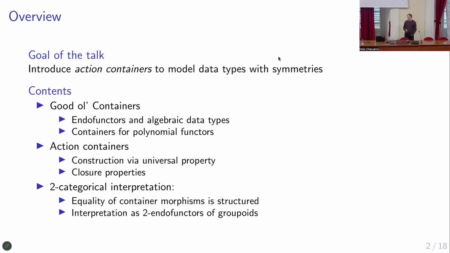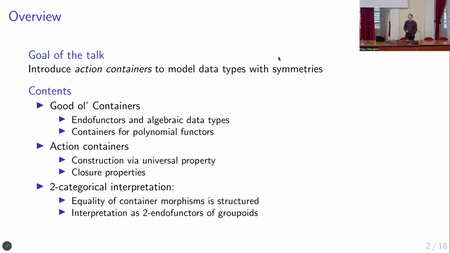And for that, I'm going to tell you a bit about what good old containers are, and the specific kind that I want to talk about. I want to construct them via some universal property, so that we don't spend too much time on this. And then from this universal property, I want to derive some nice properties.